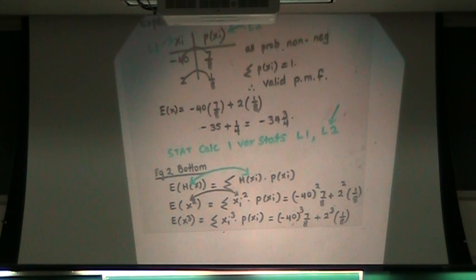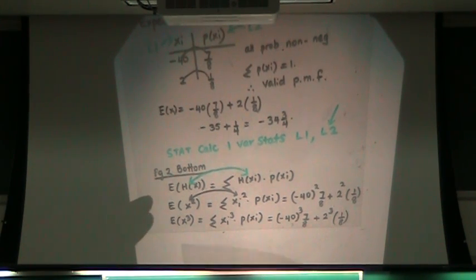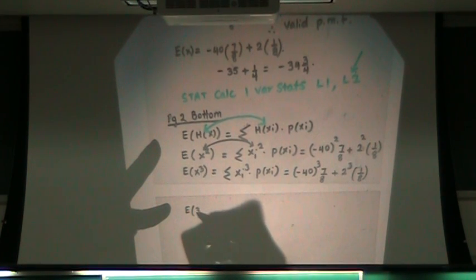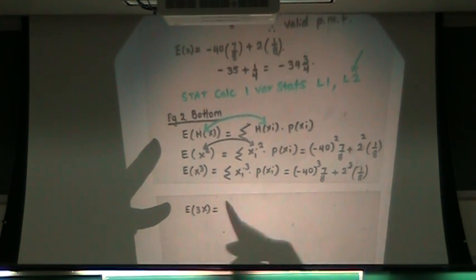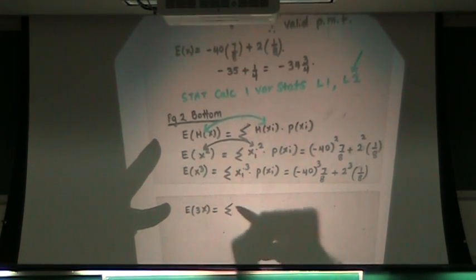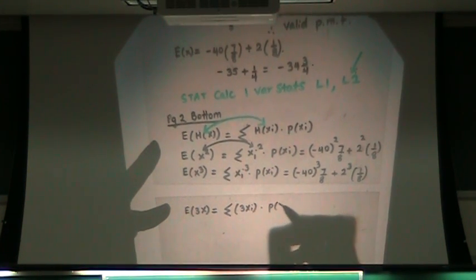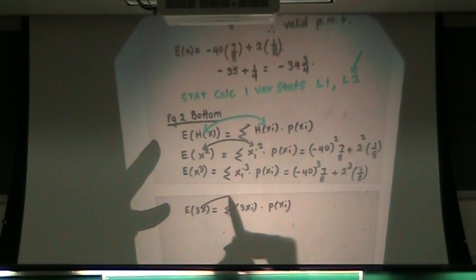Okay, what if I wanted E of 3x? What if I wanted E of 3x? This would be summation 3xi P of xi. Again, these match.